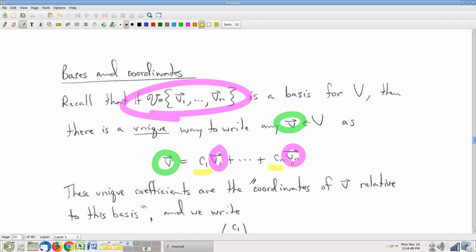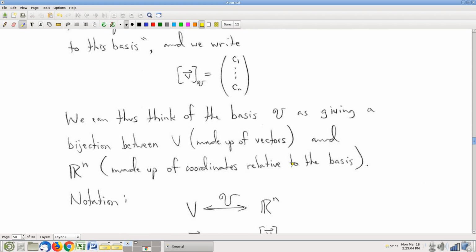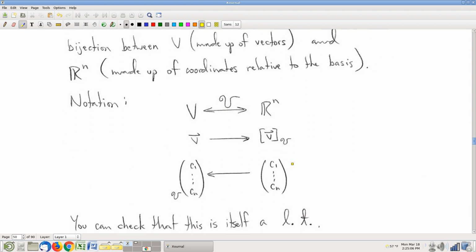I hope it seems plausible, but if you pick a different basis instead of the basis you started with, of course you're going to get different coefficients in this linear combination, and therefore you'll get different coordinates. So let's go down here and think about that in the language context. If you use a different basis, you get different coordinates.